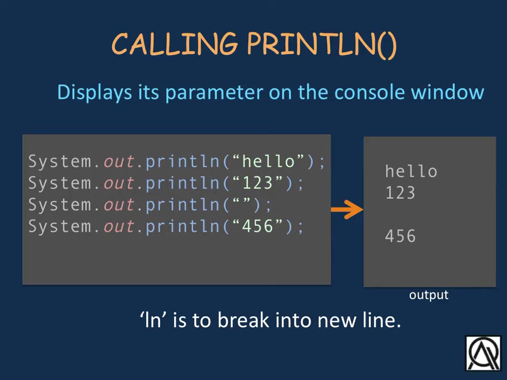As we said before, in order to call a method, we would put the name of the method followed by the parameters. This is exactly what we are doing here. The name of our method is println and the parameters are the string inside the parentheses. So this string should be printed.